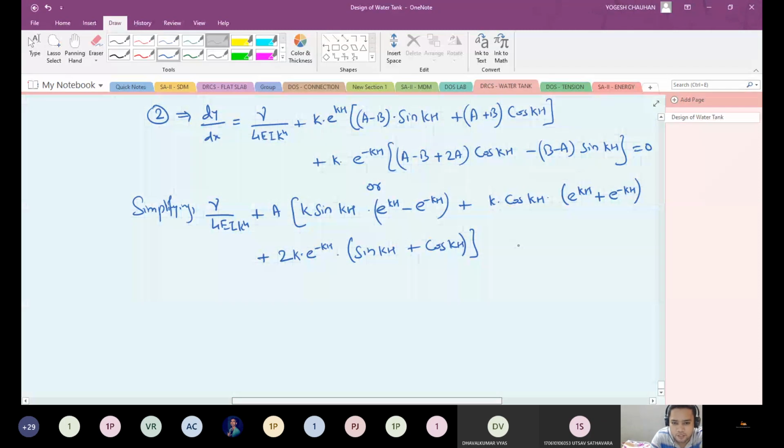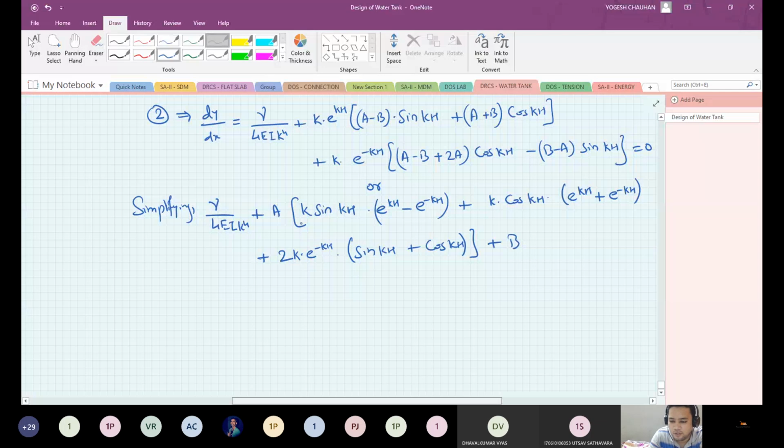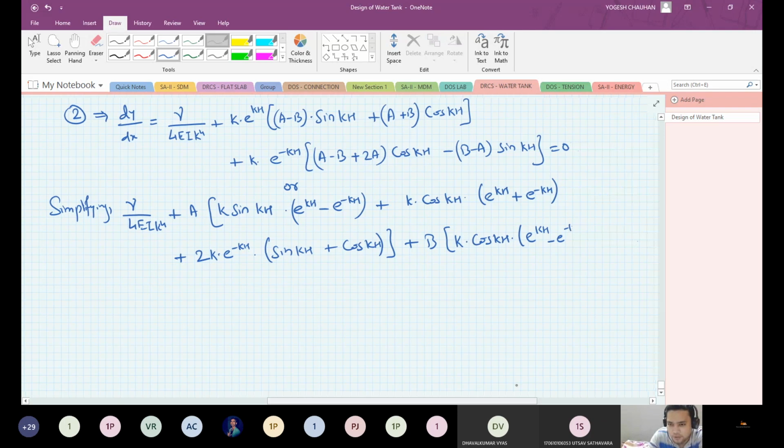In terms of b means we are clubbing together the terms containing a and b: k cos kh into e raised to the power kh minus e raised to the power minus kh, and minus k sin kh into e raised to the power kh plus e raised to the power minus kh, and this is equal to 0.